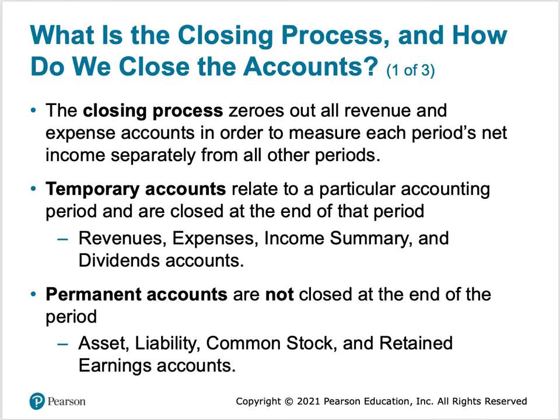But by closing them out, they're temporary accounts. So by closing out those temporary accounts, we're able to zero them out and start fresh for the next period. And then it makes it easy for us to follow that time period concept.